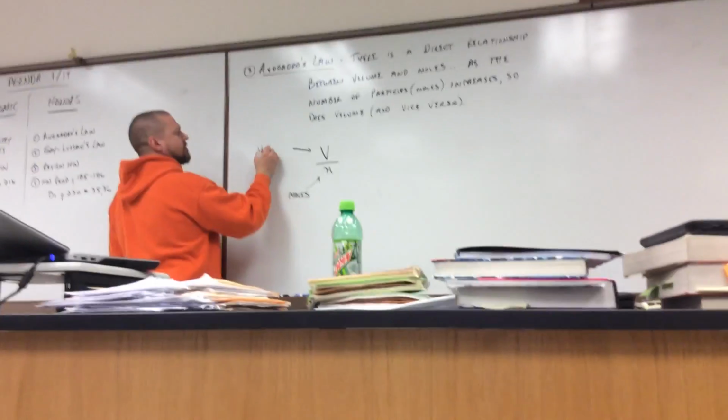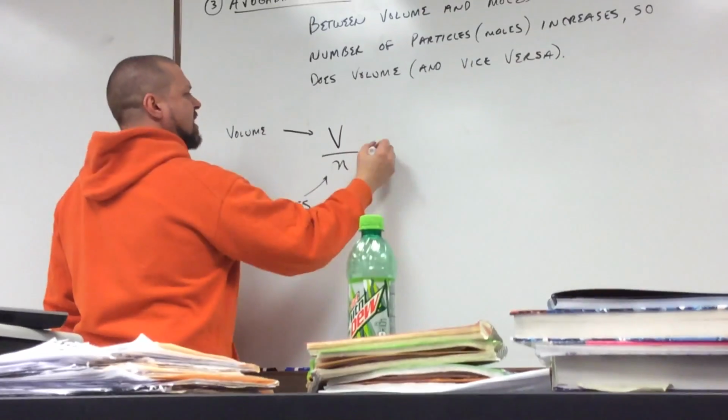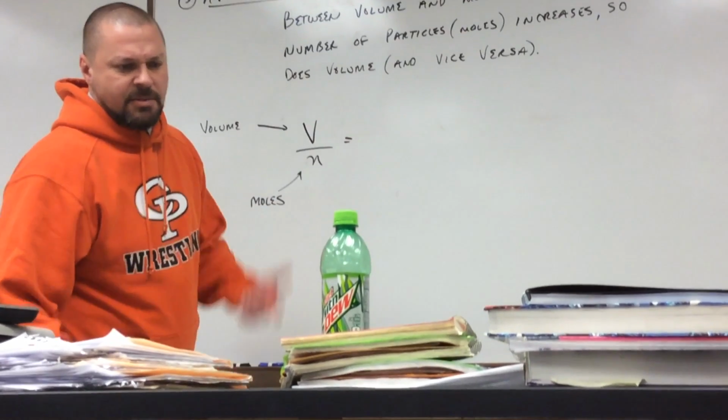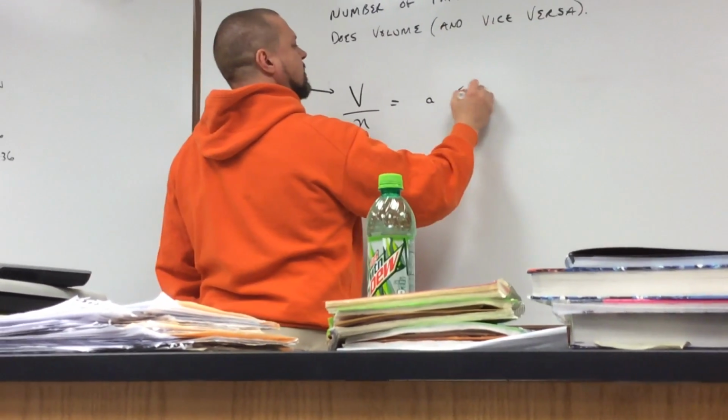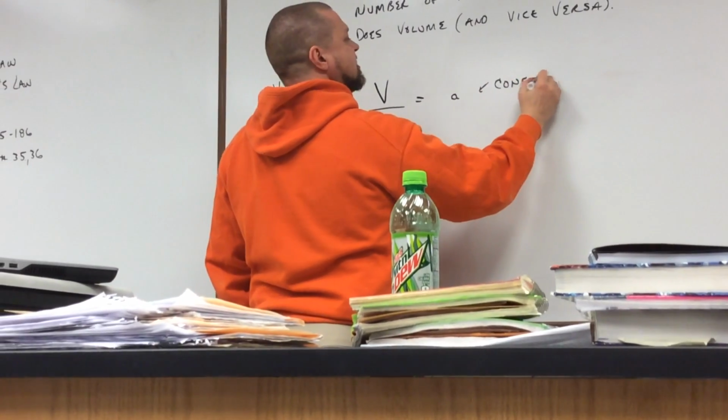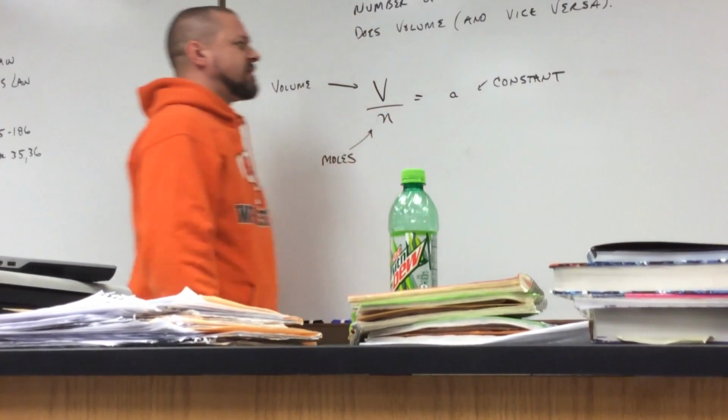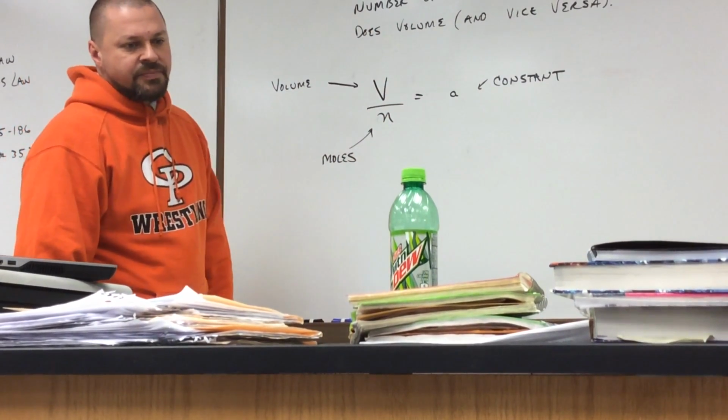Of course, this is called V over N, and that's going to be equal to some constant. Maybe we call this constant A this time. The constant really is not the big deal. The fact is that since there is a constant, we can relate befores and afters to each other.